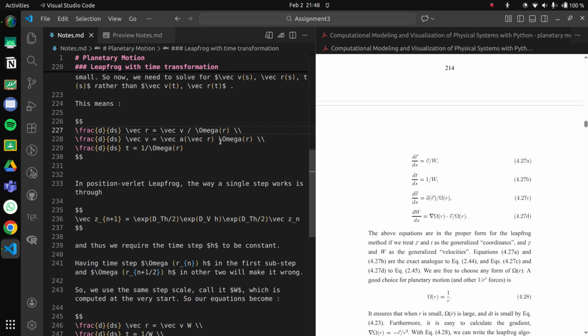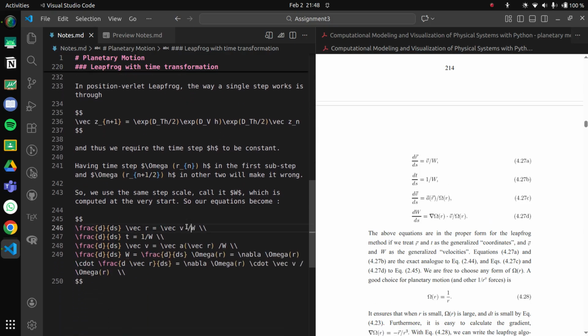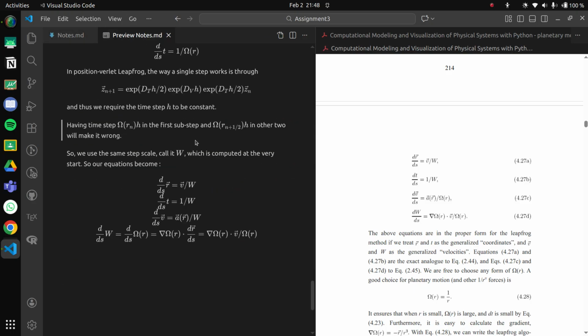It's supposed to be by omega. I don't know why it was like this. Over here as well, it should be by w. I guess that's about right. So it gives us these equations.